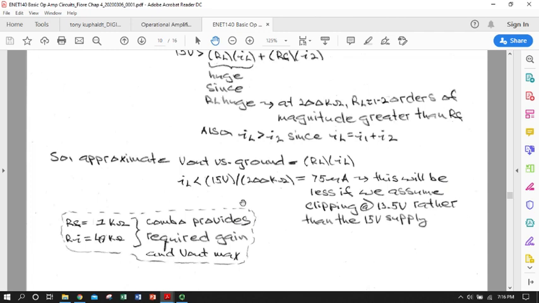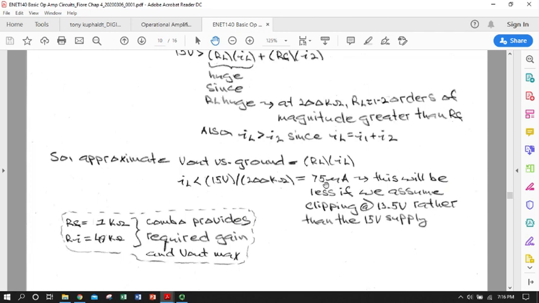So if we were going to define anything further, what we're saying here is that your actual output current would have to be less than, in this case, 75 microamps, less if we're going to assume clipping at 13.5.